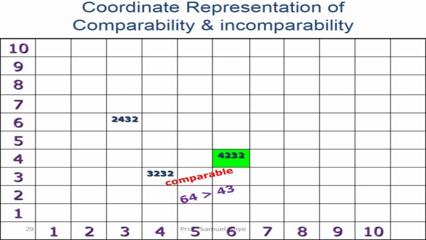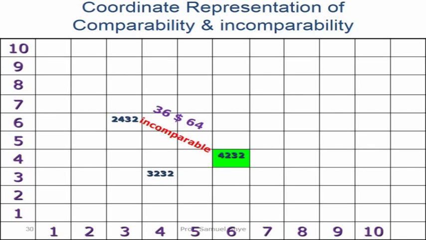And so we see that the comparability relationship 4232 greater than 3232 is represented by the fact that the new coordinates for the first profile are 6, 4, and for the second profile are 4, 3. Obviously 6, 4 is greater than 4, 3 because 6 is greater than 4 and 4 is greater than 3. I hope that's clear.